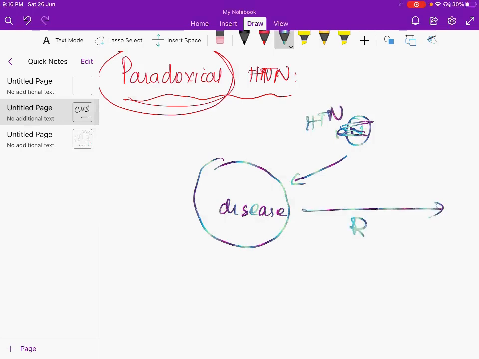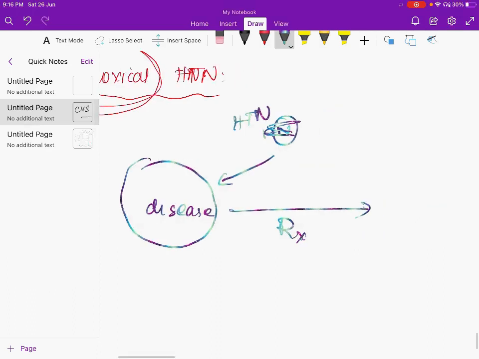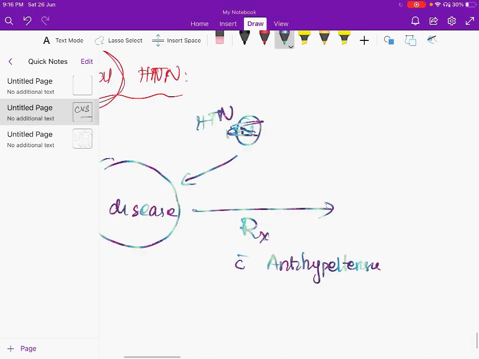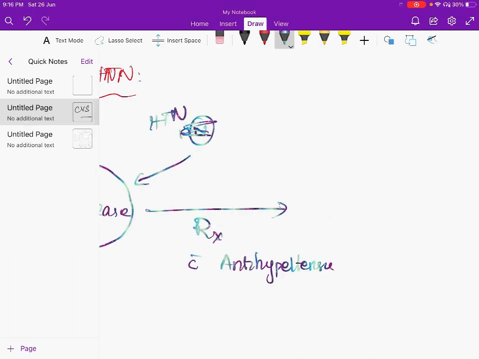We are treating this patient with antihypertensive. What you will expect? You'll expect the BP to fall, but rather this will cause the BP to shoot up.